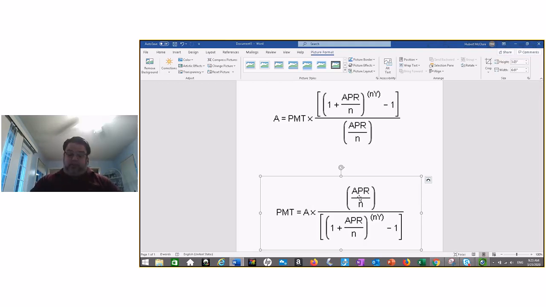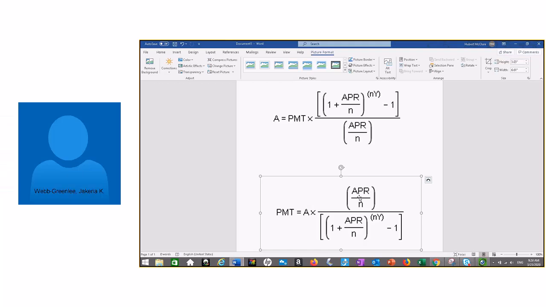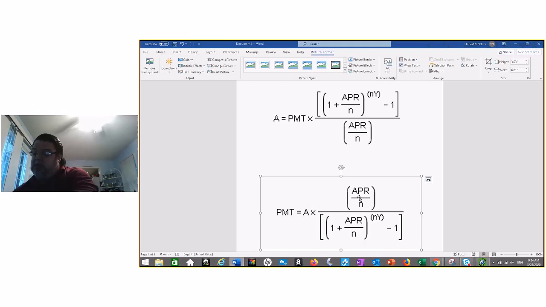Payment is equal to the amount times R over N, over brackets 1 plus R over N raised to the NT power minus 1.